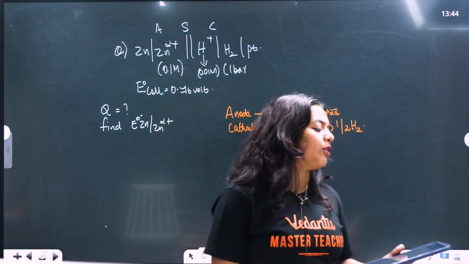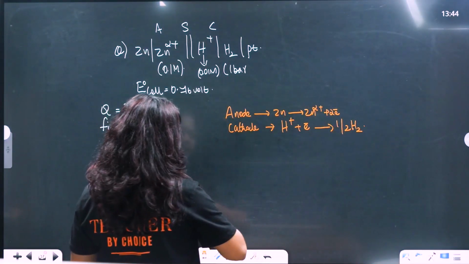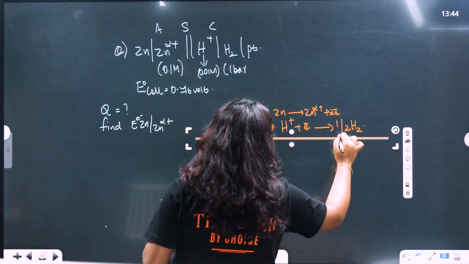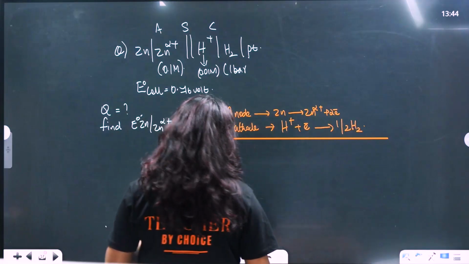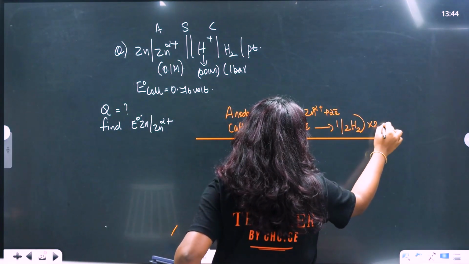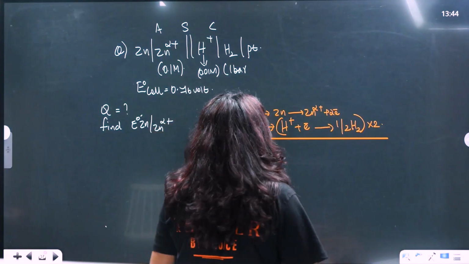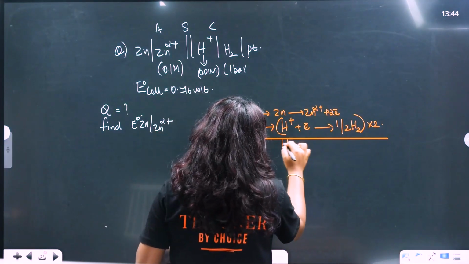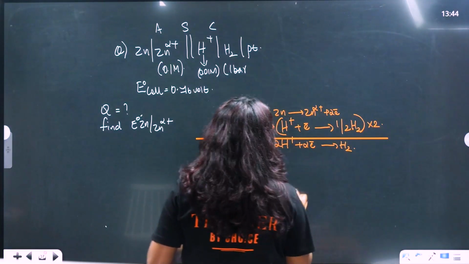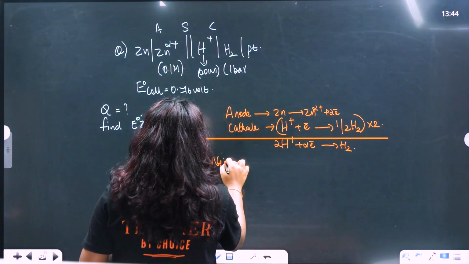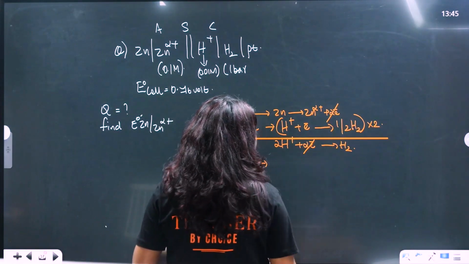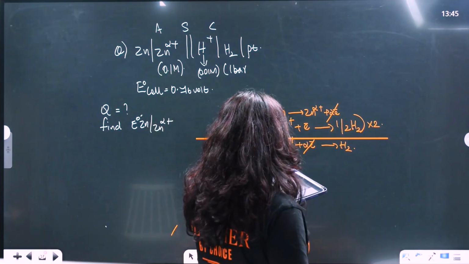Now we have to find out the net reaction. But we cannot cancel the electrons directly here. So always remember, if you got an equation like this, you just multiply this particular one by 2, so this will be 2H plus plus 2 electrons gives H2. So while we are writing the net equation, those two will be cancelled.